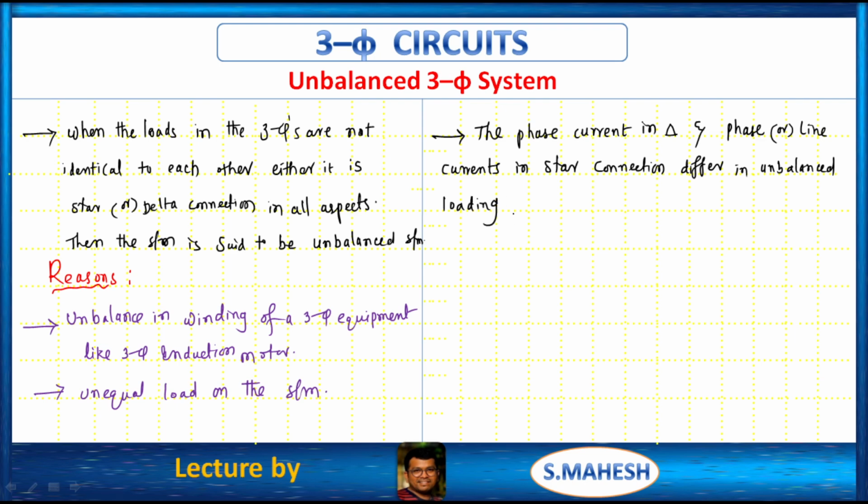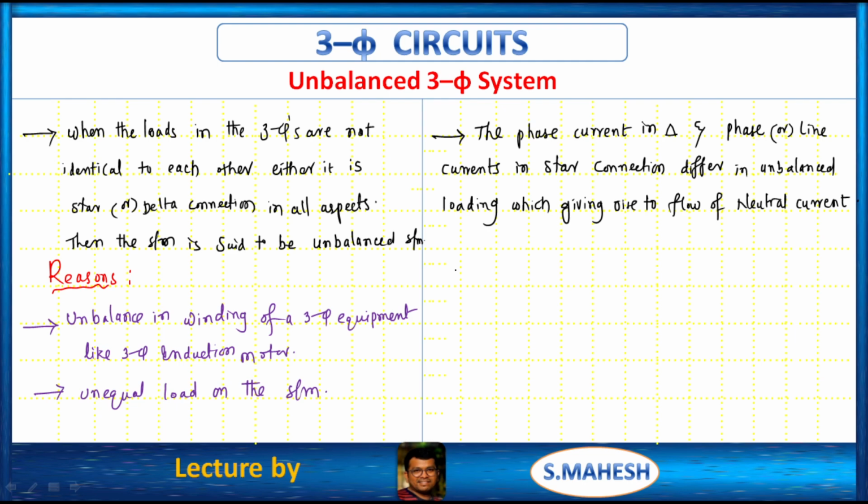Clear? Which is giving rise to flow of neutral current. So obviously we have a neutral connection in star, we don't have any neutral point in delta.